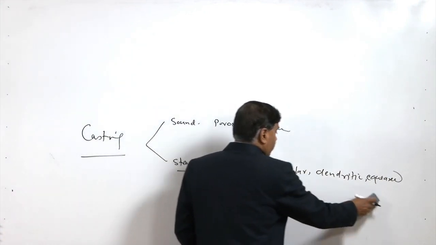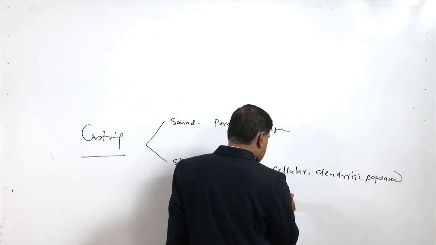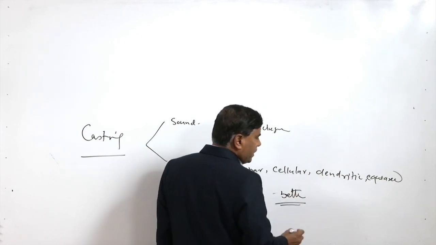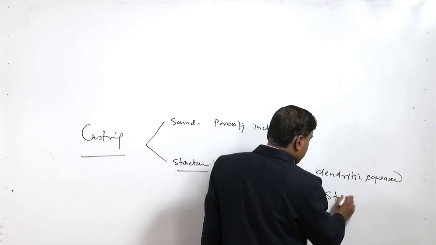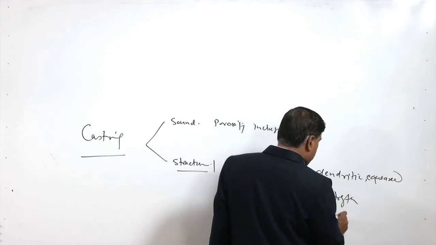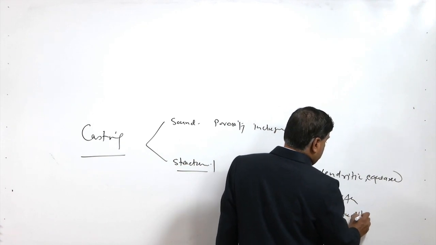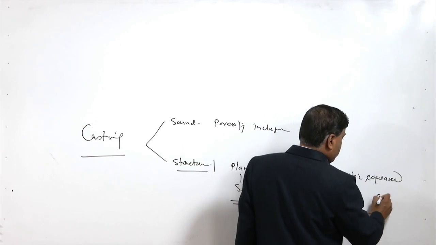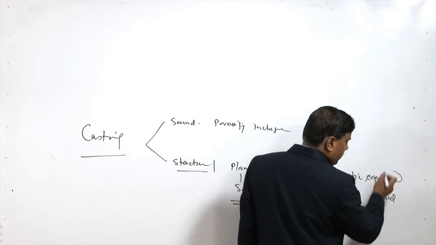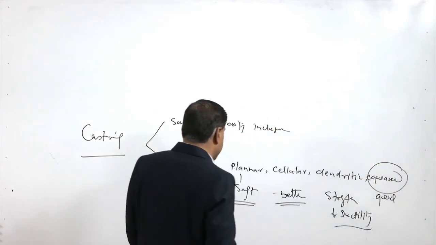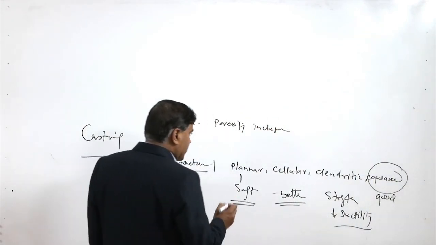Somewhat better strength and hardness is found in the cellular structure, and the dendritic is strong, but of low ductility, and the equiaxed one offers a very good combination of mechanical properties. So, the equiaxed structure is the most desirable structure in casting.